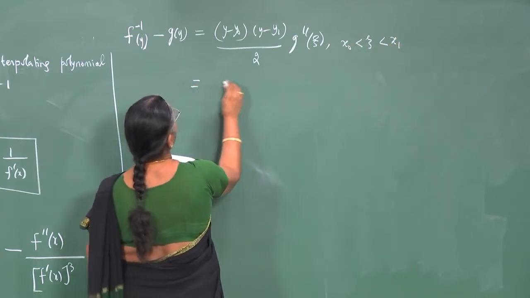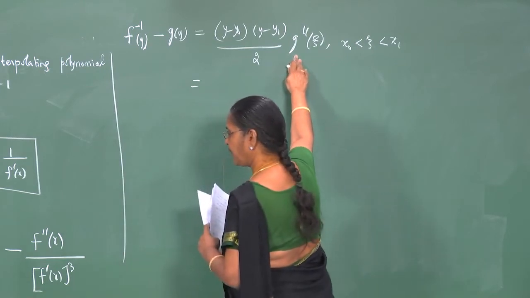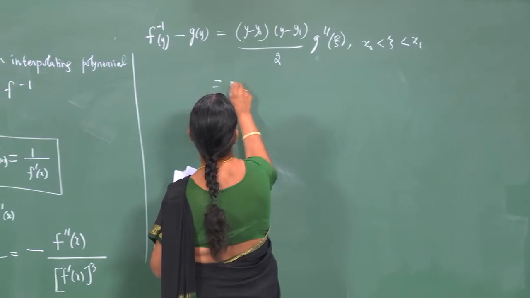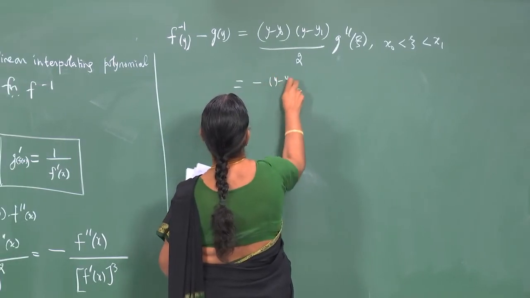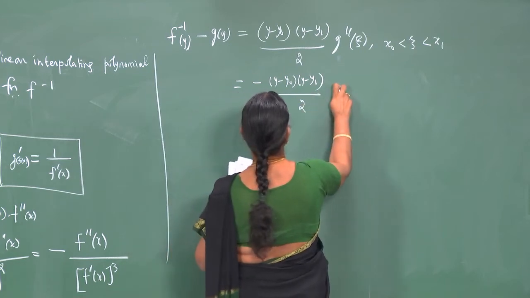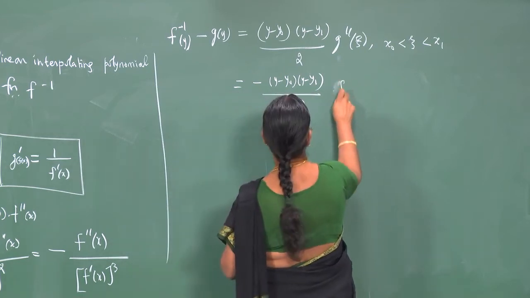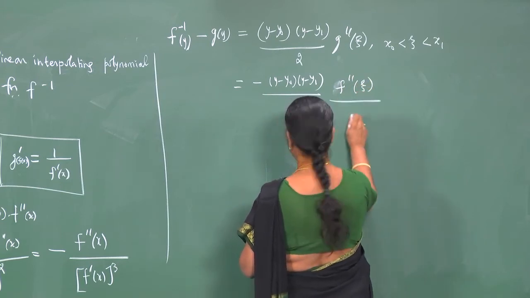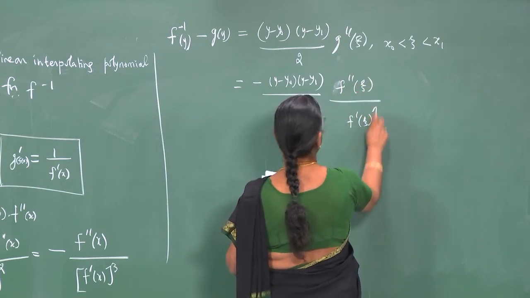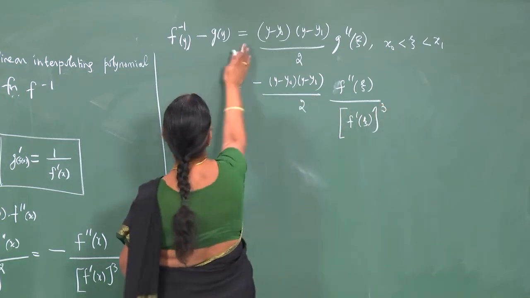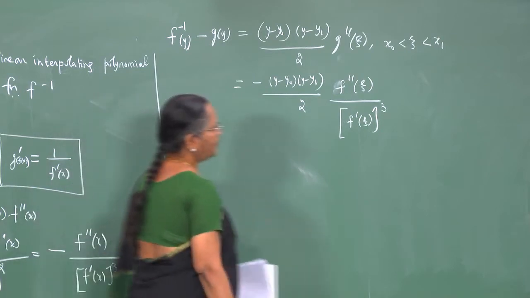So, here I know what is g double prime of f of x. So, that will be minus y minus y naught into y minus y1 by factorial 2 into f double prime of psi by f prime psi the whole cubed. So, this is the error in interpolation.